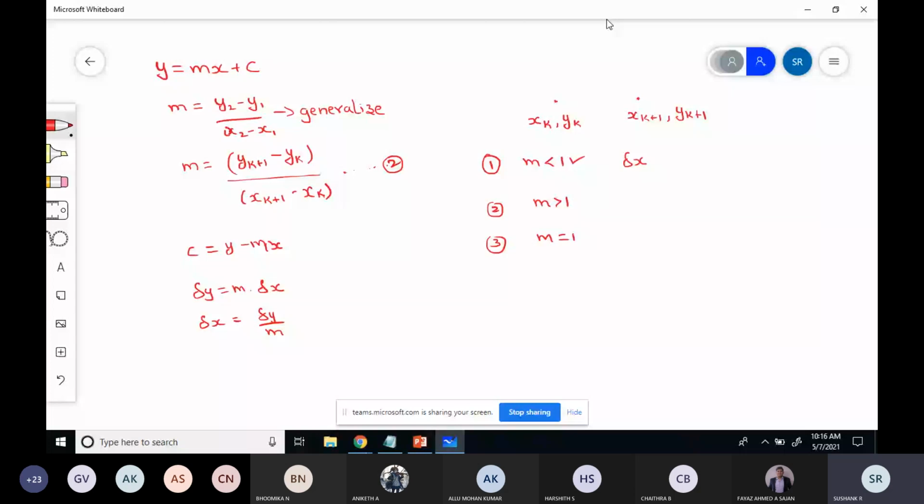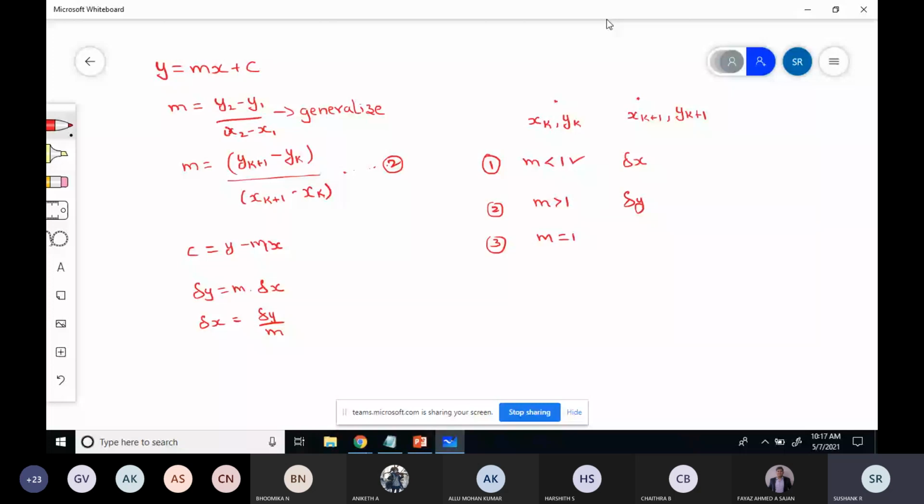The same thing: whenever m is greater than 1, you will set delta y to a small vertical deflection voltage, such that it is proportional to the delta x.